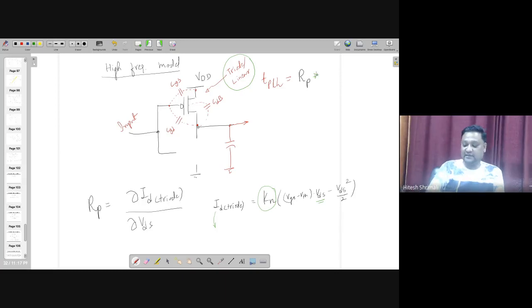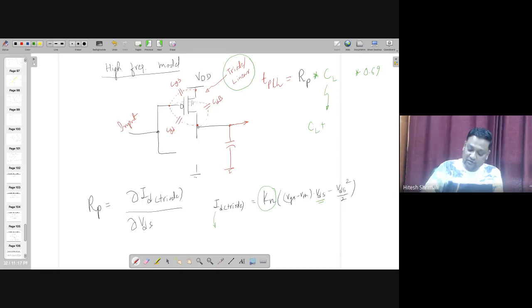But the next question is the load capacitance times 0.69. But this is the case when no high frequency model has been considered. However, in our case, we are considering the high frequency. So in that case, notably, I forgot to keep here one more capacitance, which is from gate to body.